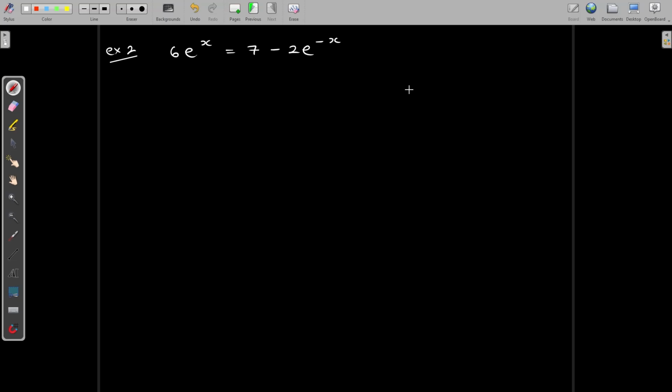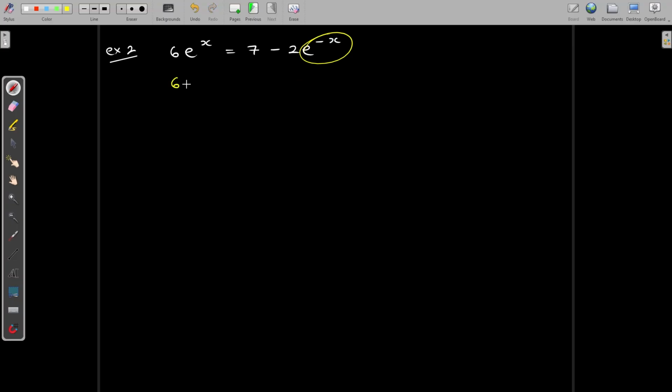So based on the laws of indices, what is this telling us over here? This particular part of the question is telling us that this is just negative 2 over e to the x. Is that clear?